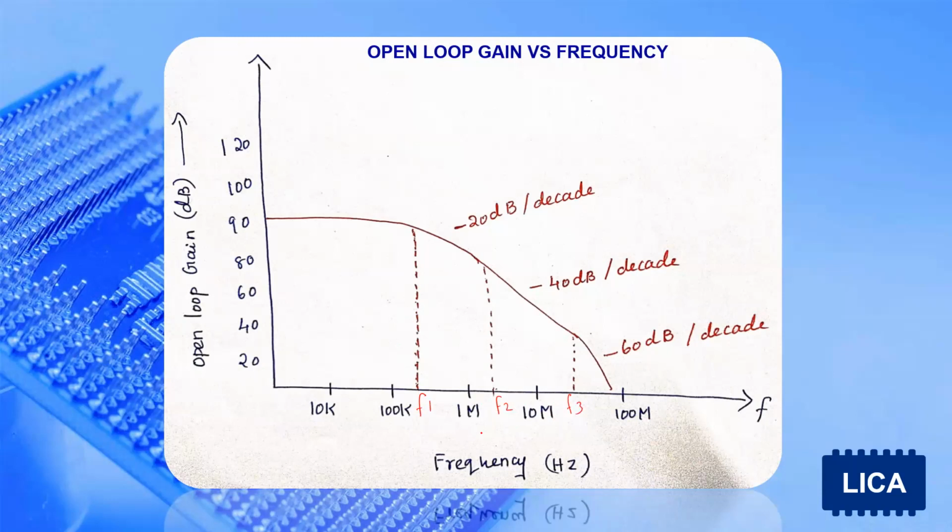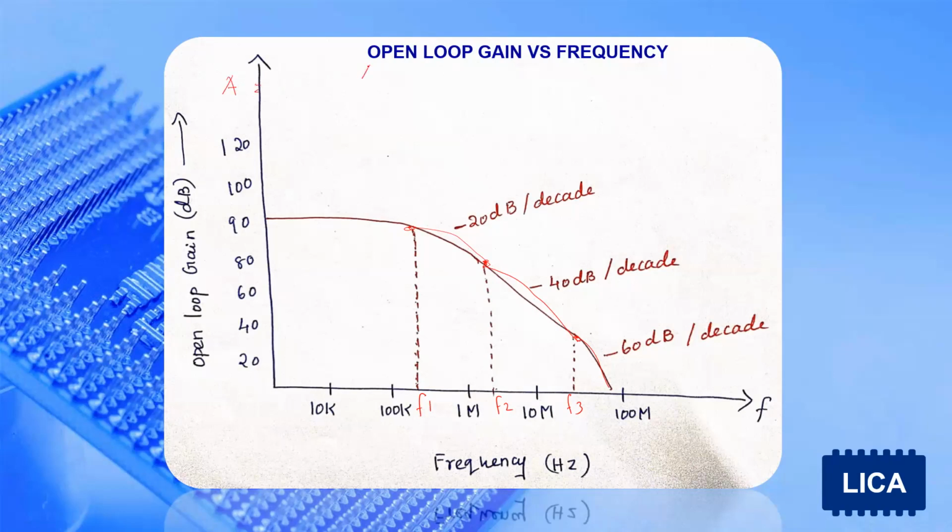So at a particular corner frequency, the gain will get degraded. Gain will get rolled down.